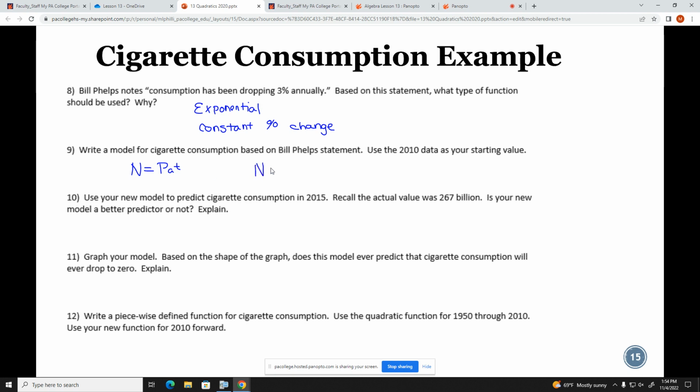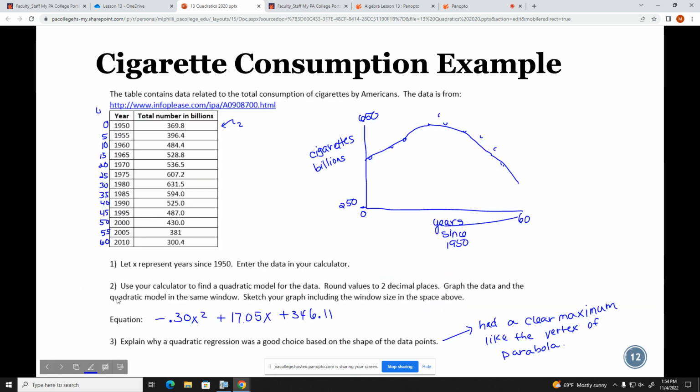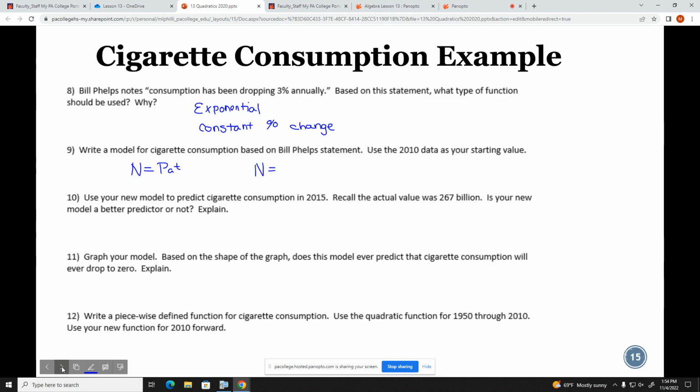So N is the number of cigarettes, P is the starting amount, and we're supposed to use the 2010 data. So I'll go back to that. 2010, so 300.4, and that's in billions. So 300.4 is my P. For my A, I'm going to have to use 1 minus the percent, minus because it's been dropping.